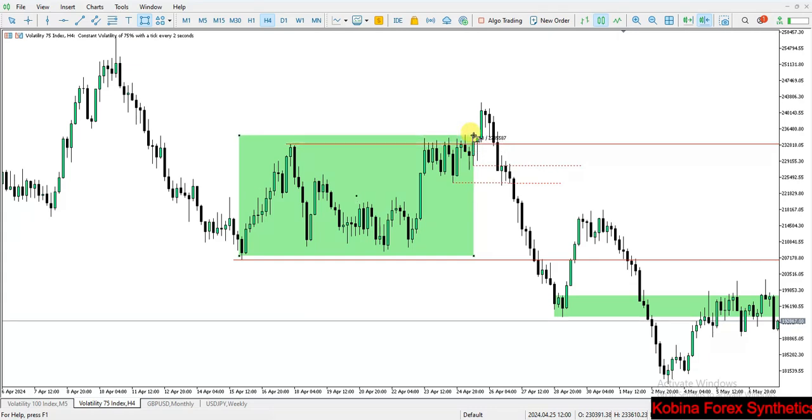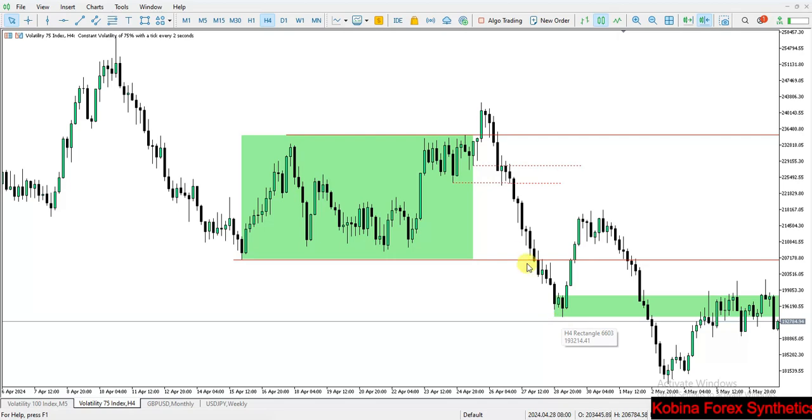Let me put this here, and then let me change mine. So we are taking this consolidation high, this as a high, and then we have a market that trades above it. Price trades above this high and trades below this low. All right, from this high to this low forms our dealing range.